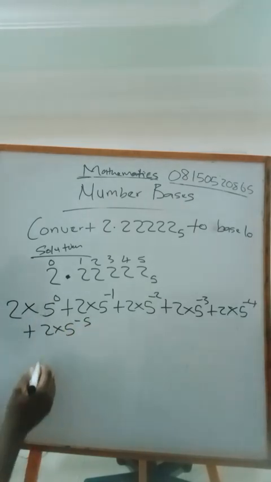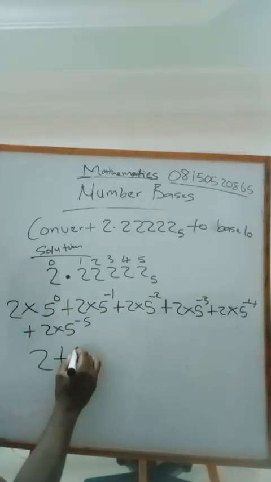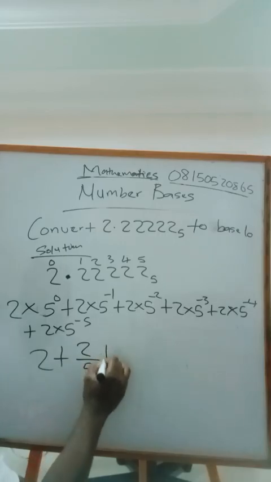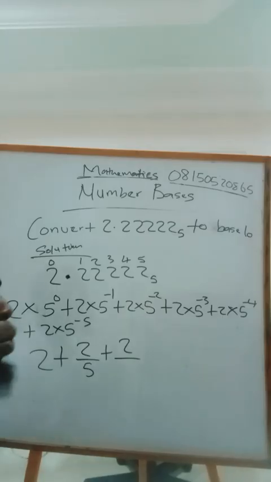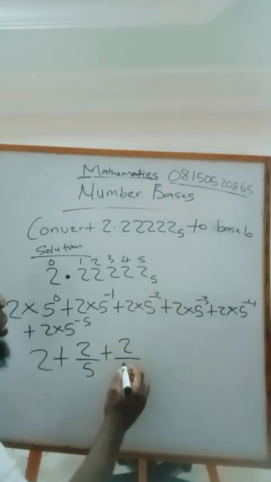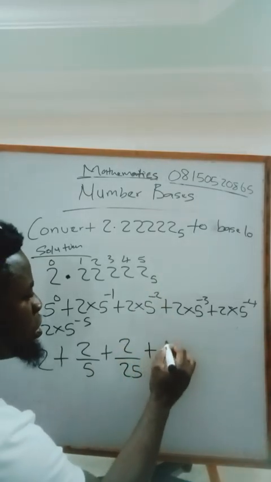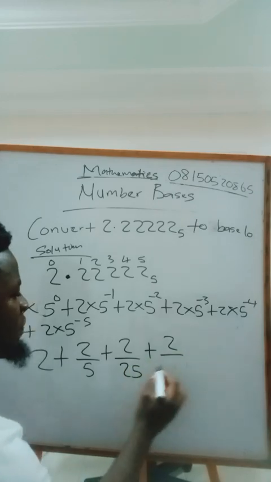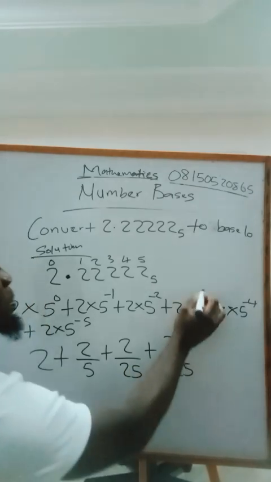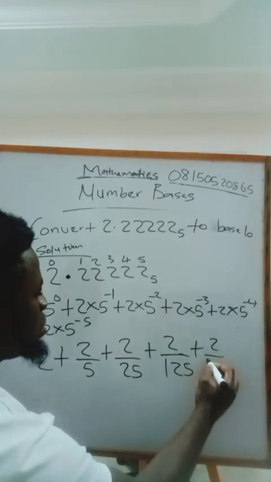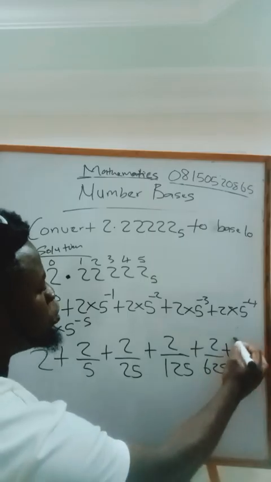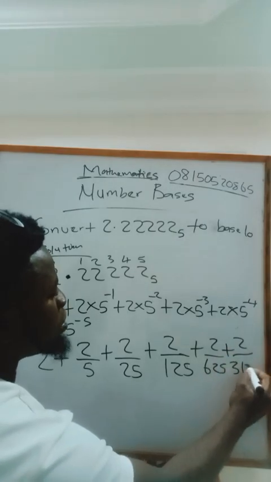2 times 5 raised to power 0, anything raised to power 0 is 1. That's 2 times 1, which will give us 2, plus 2 divided by 5, plus 2 all over 5 raised to power 2, which is 25, plus 2 all over 5 raised to power 3, that's 125, plus 2 all over 625, plus 2 all over 3125.